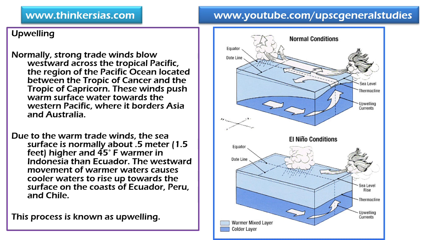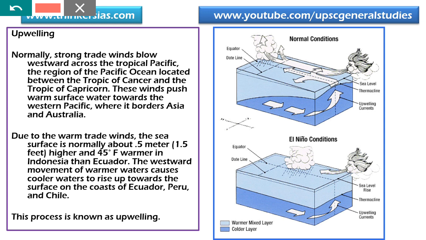Normally, strong trade winds blow westward across the tropical Pacific region, the Pacific Ocean located between the Tropic of Cancer and Tropic of Capricorn. These winds push warm surface water towards the West Pacific, where it borders Asia and Australia, as I already discussed.